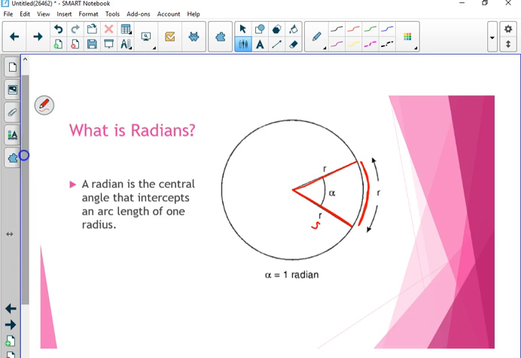So notice we have R, R, and R. So these are all 5. But to get this specific arc length here, we have to have a specific angle right here. And we call that 1 radian.